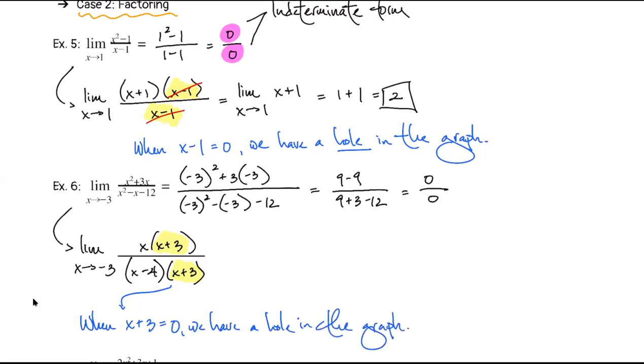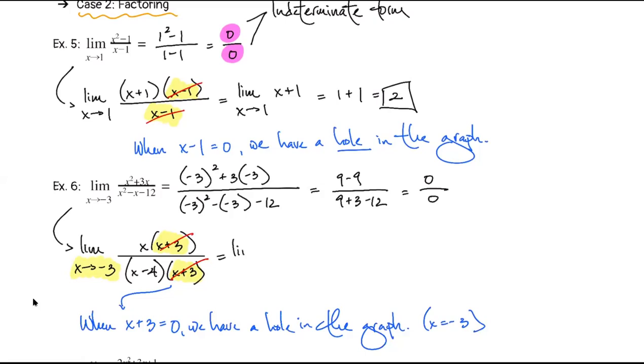Now, specifically though, where is the hole? x equals what? x equals -3. So at x equals -3, there's a hole. And guess what the question is asking us for? It's asking us for the y value at the hole. So that's why we can't find it, right? We can't find the y value there, but we can cancel out our factors, try substitution again, and I bet we'll get the answer. Okay, so let's get rid of those factors.